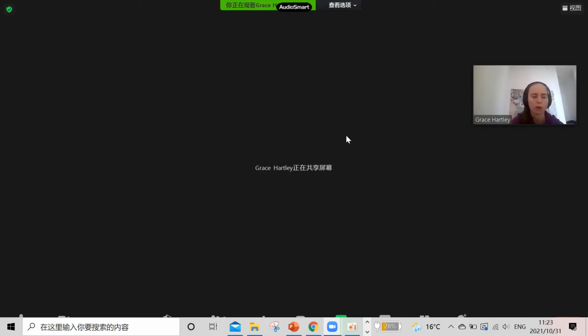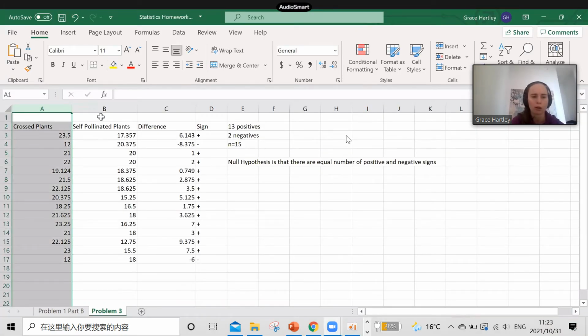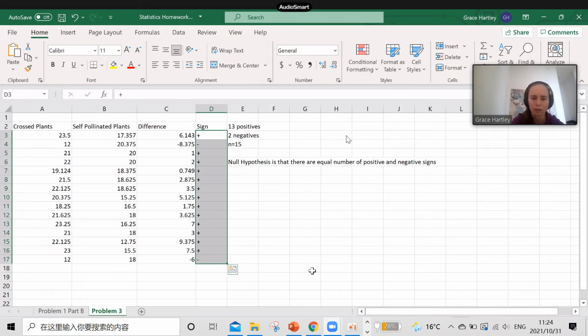Okay, so I copied the cross-pollinated plants and self-pollinated plants growth from the slides. Then you calculate the difference, and then you look at the signs of the differences. My expected p0 is 0.5, because basically you're expecting no growth difference, an equal chance of self-pollinated or cross-pollinated being taller.